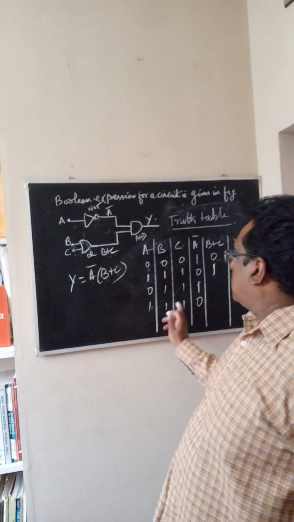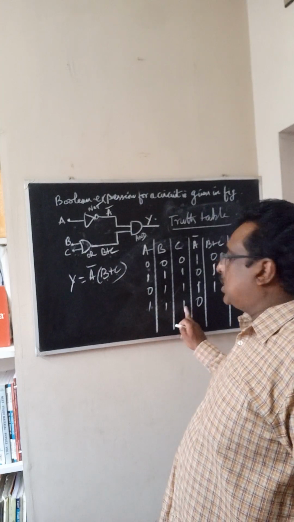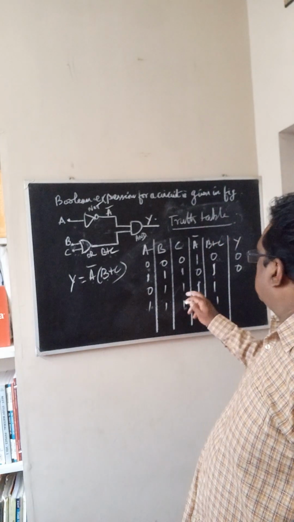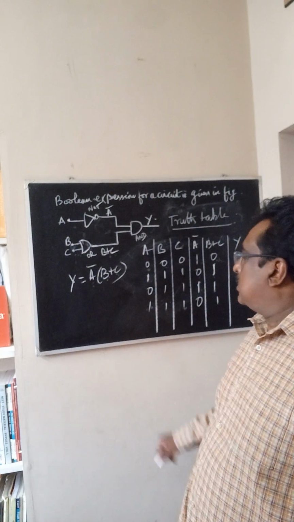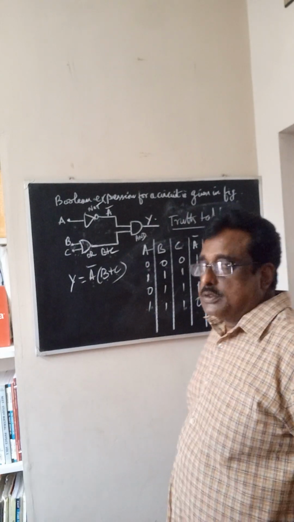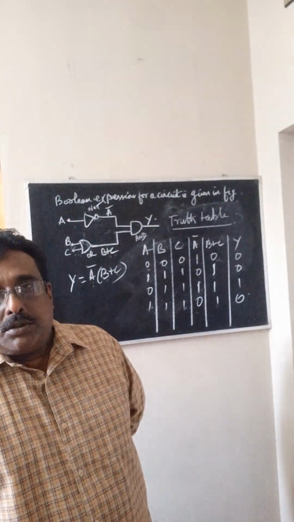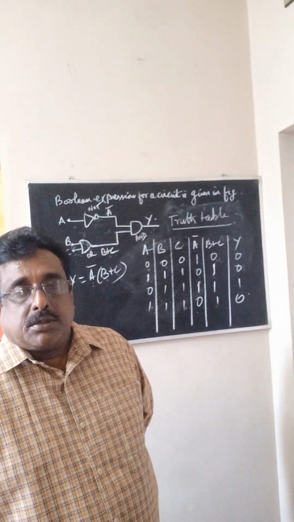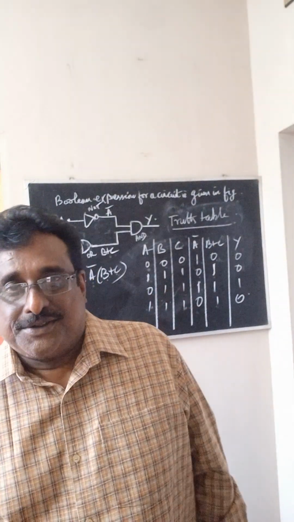Here both are 1, so the output will be 1. So here Y is equal to A bar into B plus C, so 1 into 1 is 1. In the other case, it is 0 into 1. This is how the output structures for different inputs will be. So they may also give options in terms of truth table, and you have to calculate it according to this. Thank you.